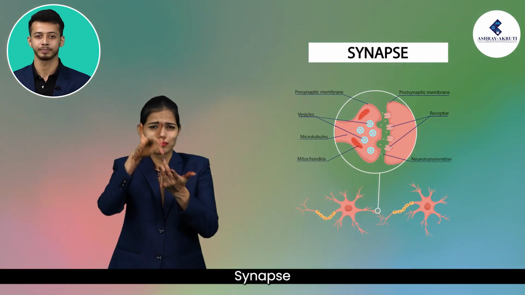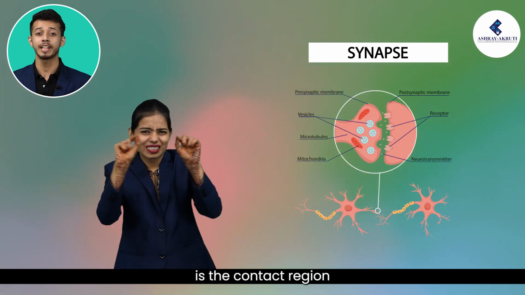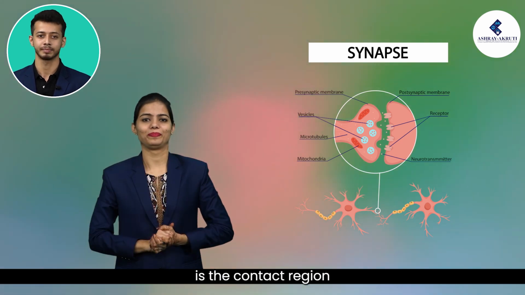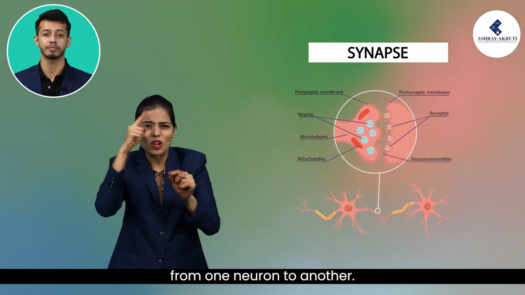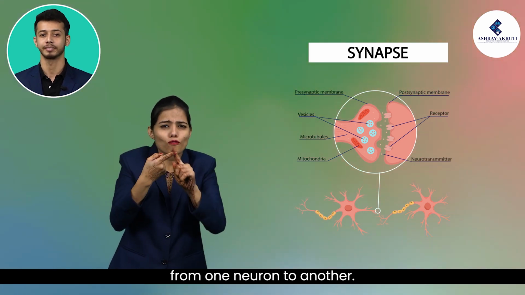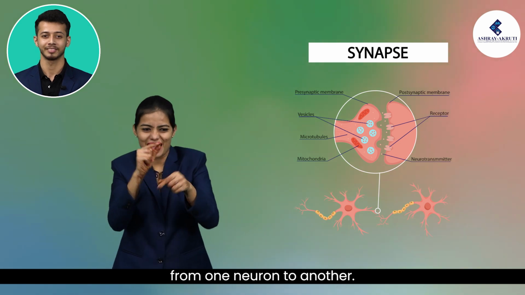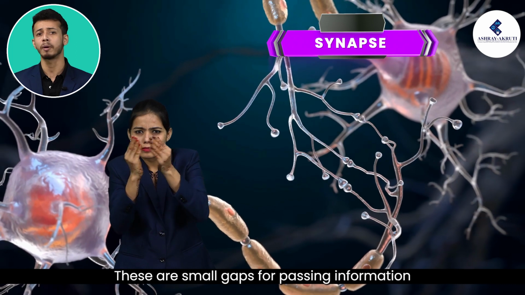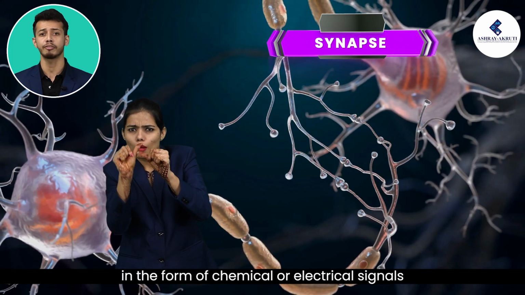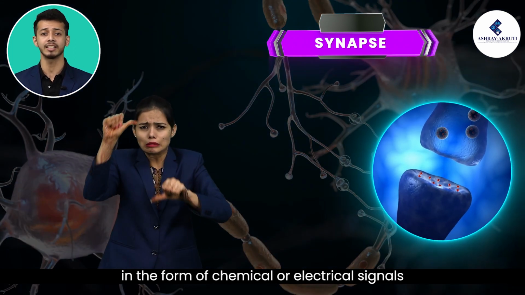A synapse is the contact region between two neurons for the exchange of information from one neuron to another. These are small gaps for passing information in the form of chemical or electrical signals or both.